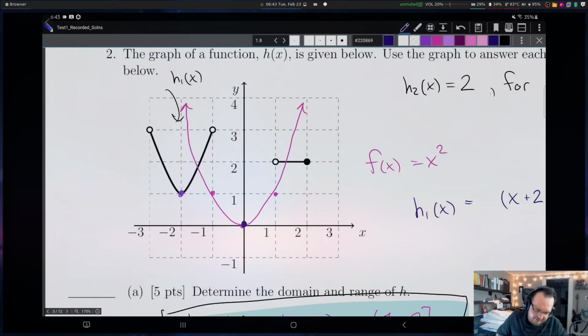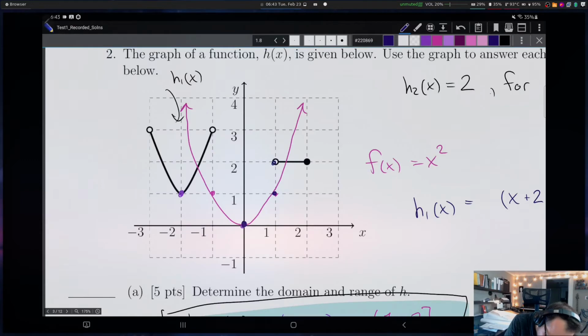And this is telling me that maybe I need to compress this graph a little bit. So I need to either compress it horizontally or stretch it vertically. And I think stretching it vertically will work. So for example, if I take this graph and stretch it by 2 vertically, this point here would get moved up to this point.